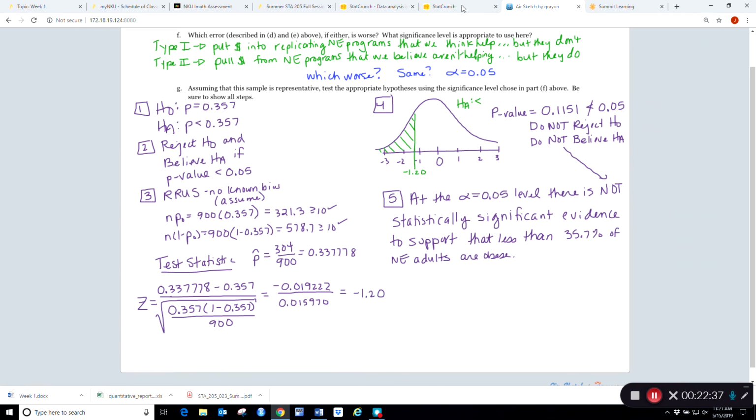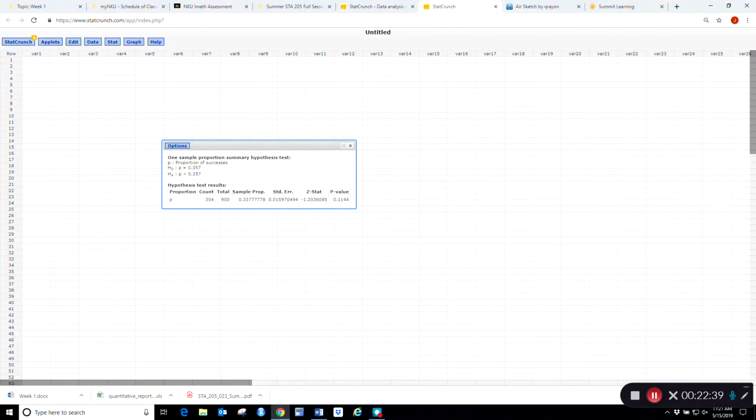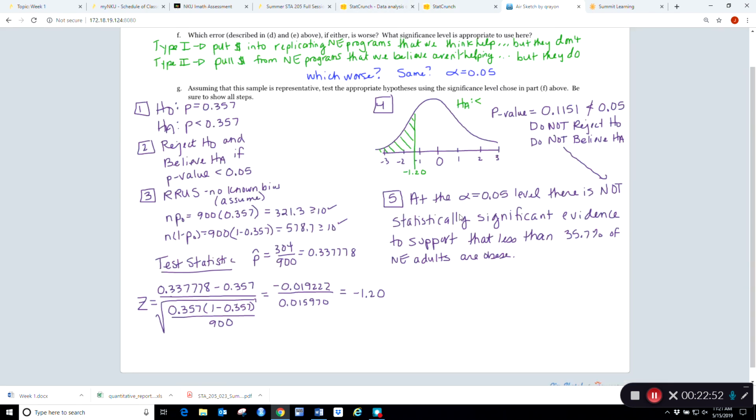This negative 1.2 is what our z statistic was. Now the p-value might not quite be perfect, simply because it had more decimals that it could use for its z, but it's pretty close. So our 0.1144 compared to our 0.1151. So this is a nice way of being able to check to make sure you did things correctly. Of course, keep in mind that you still have to be able to do it by hand because you're not going to have StatCrunch access when you're taking your quizzes and tests on Canvas.